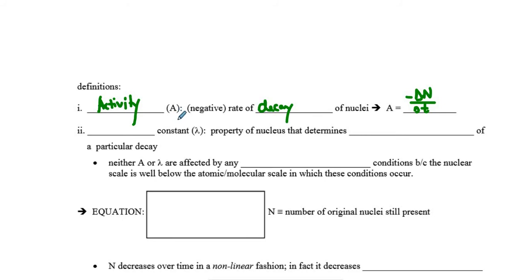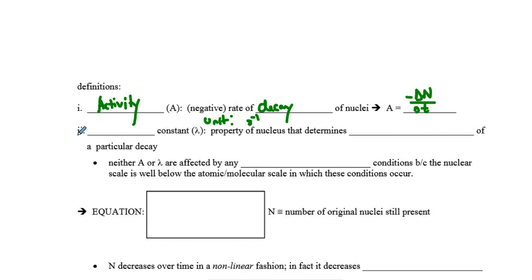Okay, and its units are a count per second. We'll talk more about the details of that, but we define it as the metric unit, the becquerel, which is actually a unit that's counts over seconds, so really it's a unit of seconds to the -1.